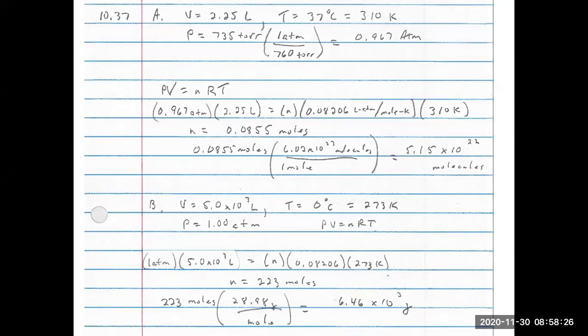In that one, we're being asked, calculate the number of molecules in a deep breath of air whose volume is 2.25 liters at body temperature, which is 37 degrees C, and a pressure of 735 torr.